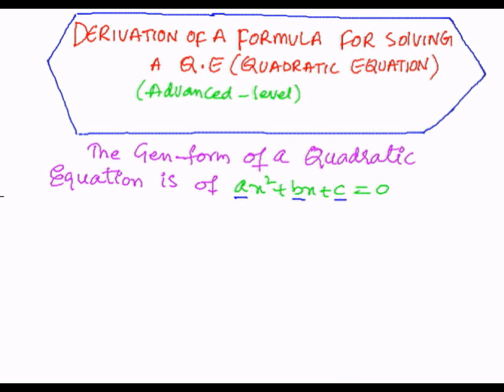This a should not be equals to 0. So, a not equal to 0, and b, c are the real constants, belonging to the real numbers.